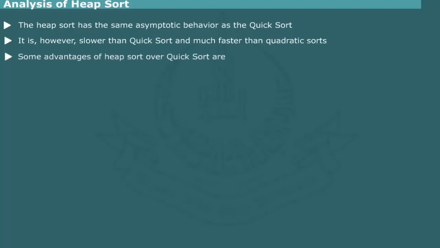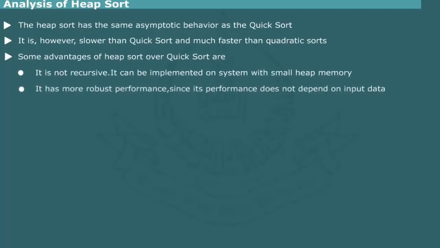Heap sort has some advantages over the quick sort. First, unlike the quick sort, it is not recursive. Second, compared to quick sort, it is more robust. This means that the performance of heap sort does not depend on the state of input data.